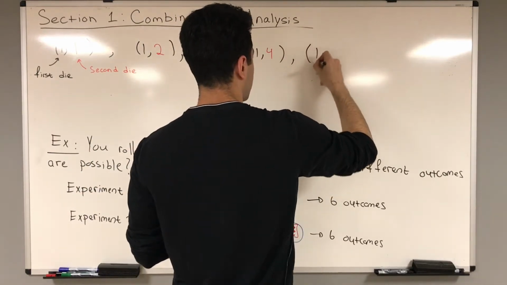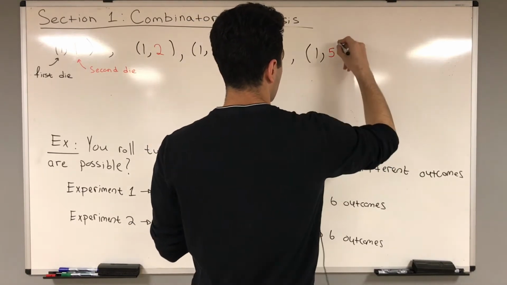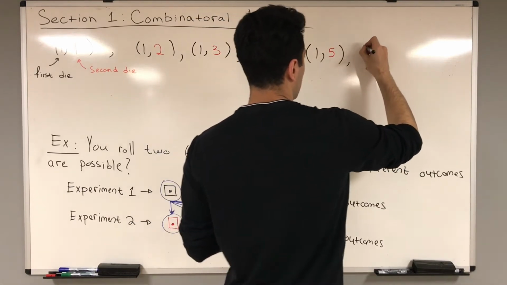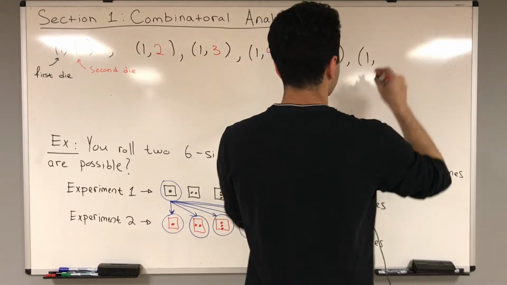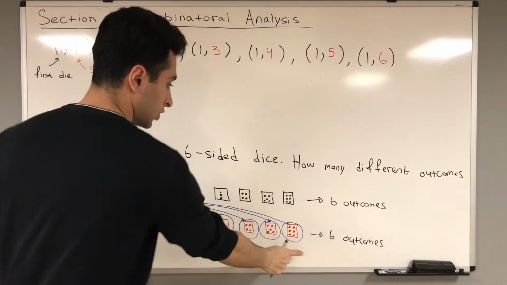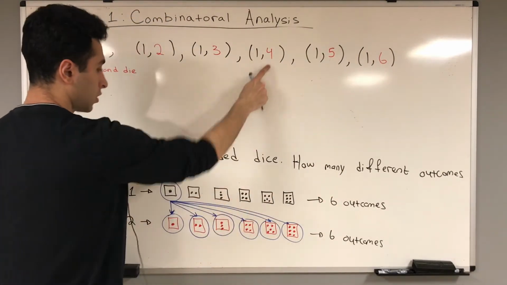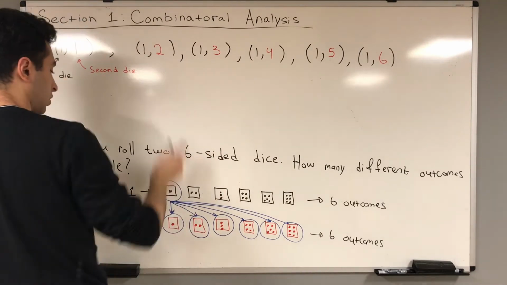And then you roll a 1 again on your first, but you can get a 5 this time on your second. And then you roll a 1 again on your first, but you can get a 6 on your second die, right? You get a 6 on your second, you can get a 5, a 4, a 3, a 2, and a 1.